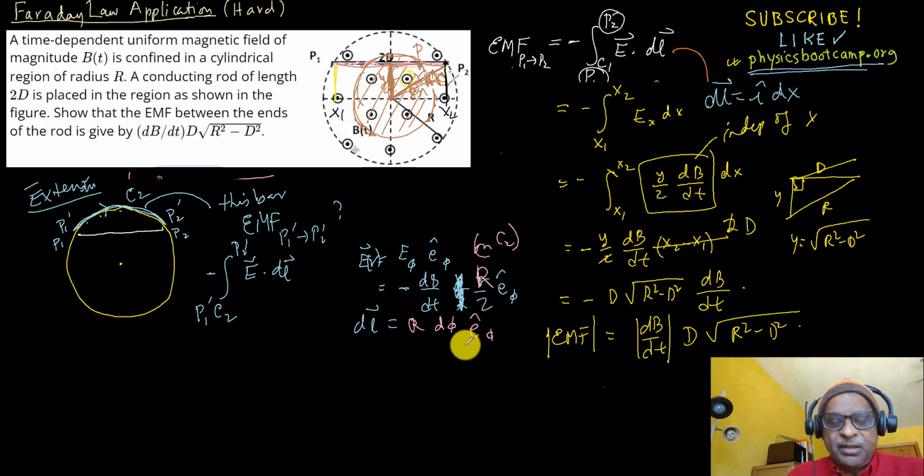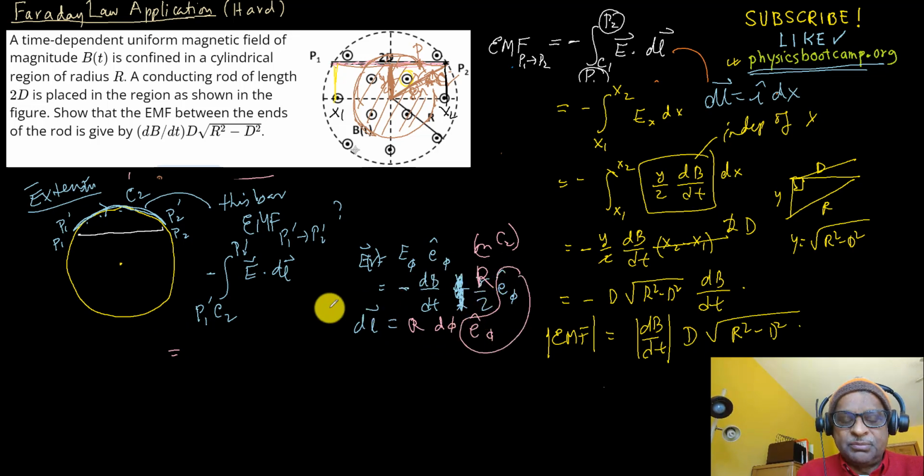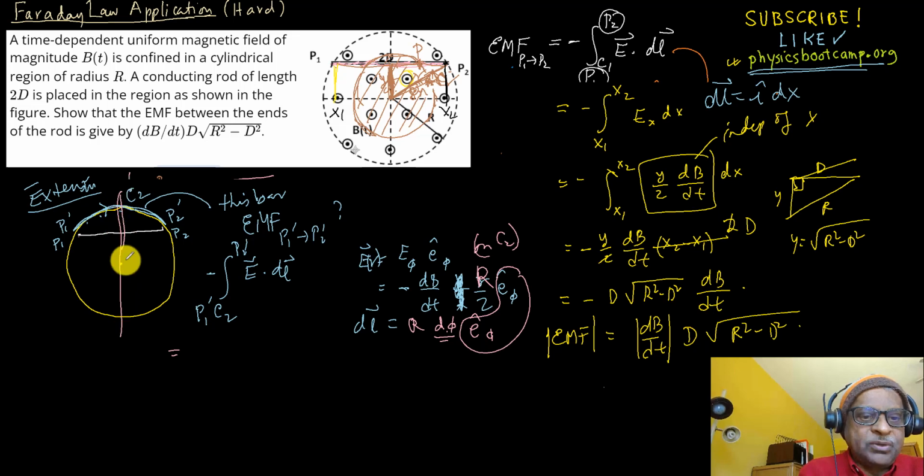So when I take a dot product, this gives me 1, and then I just multiply that, and none of them depends on phi. This phi is defined according to the x-axis.